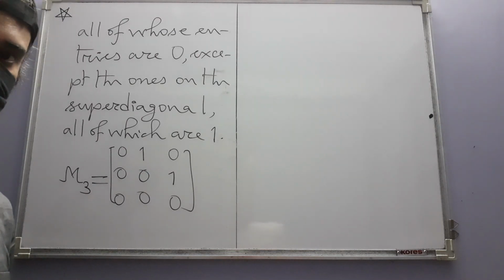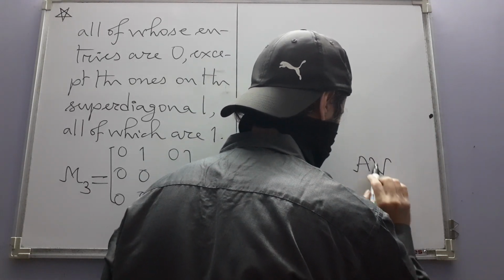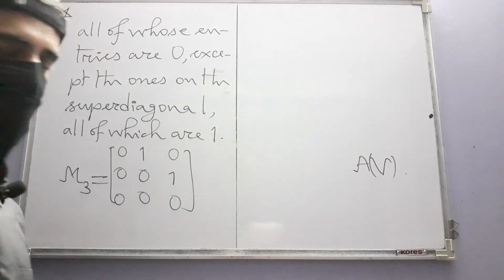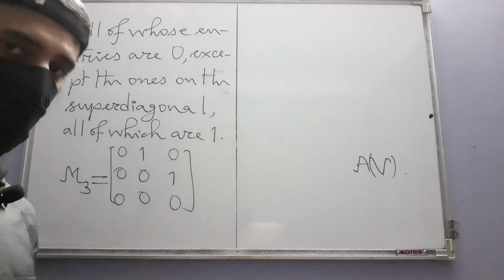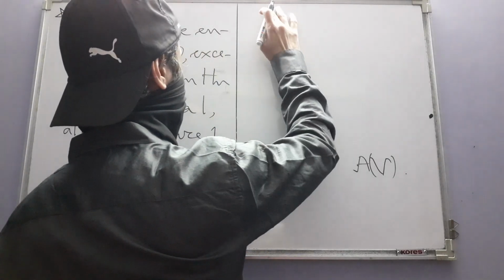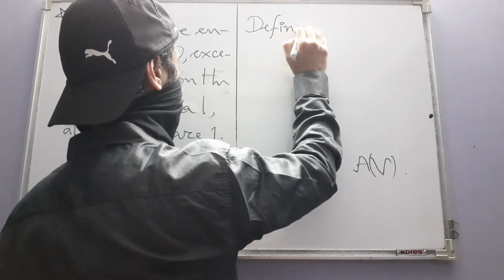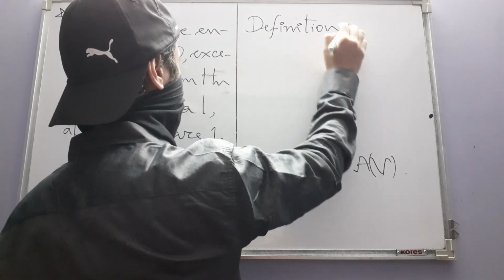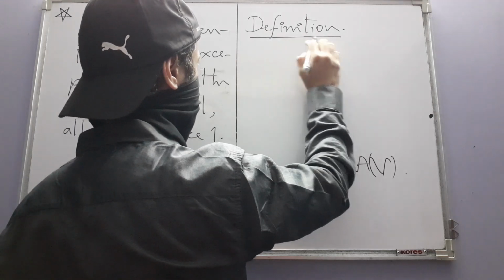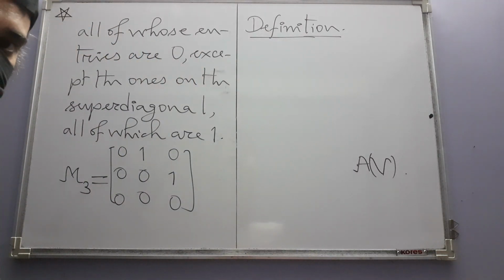And it makes sense also, because our algebra, besides being a vector space, is also a ring. So the nilpotent linear operators are just the nilpotent elements of this ring.